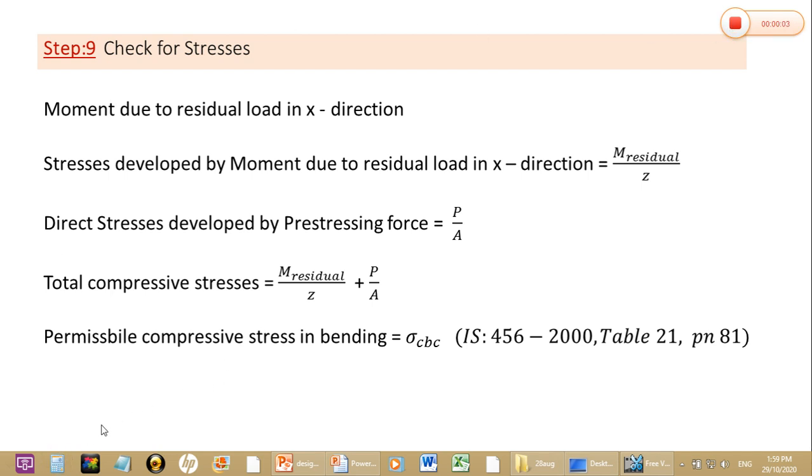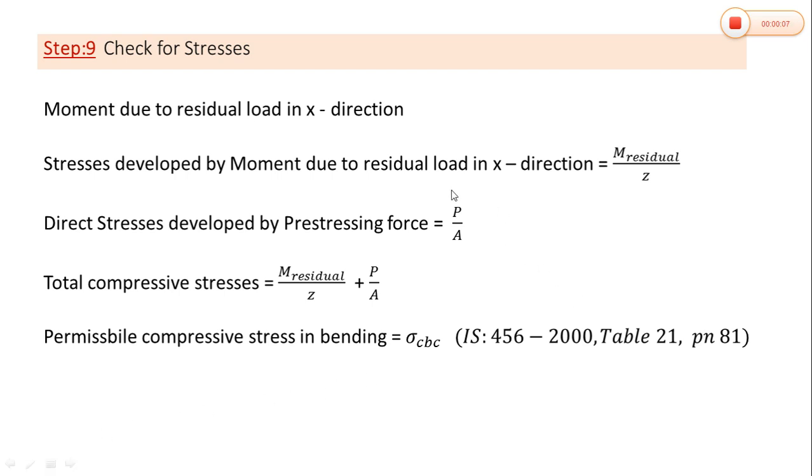So this we can study. The M by Z formula, this stress we can find out with the help of basic bending theory. We know that M by I is equal to stress by y.